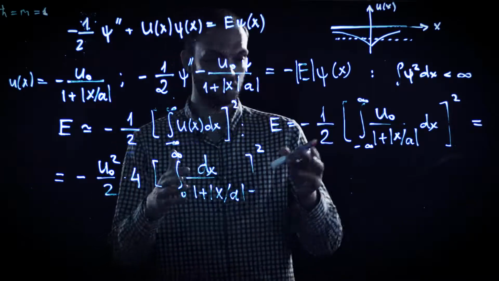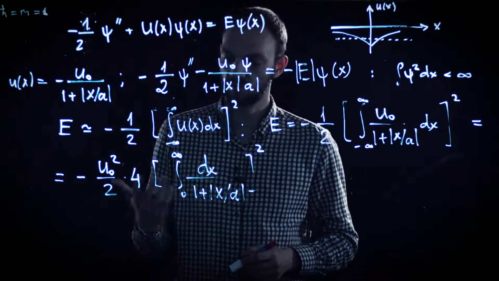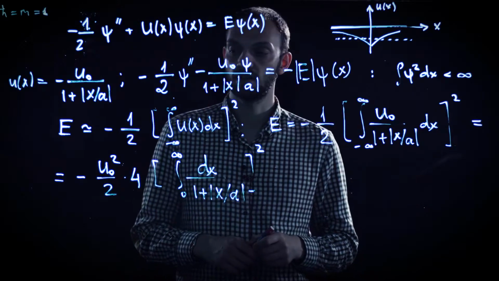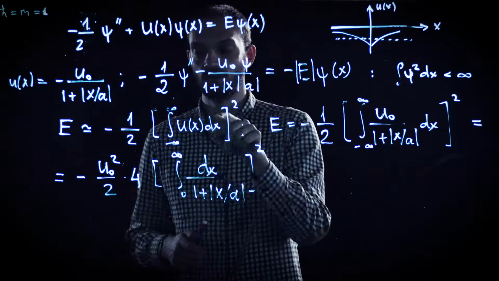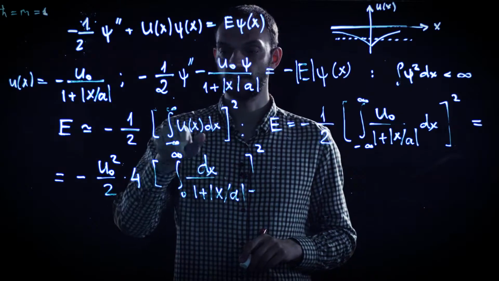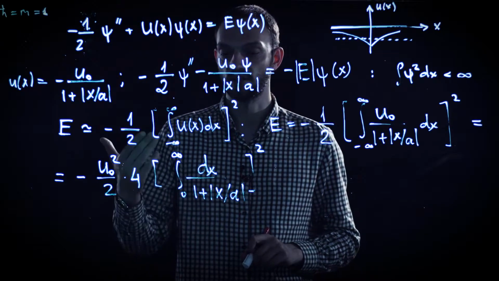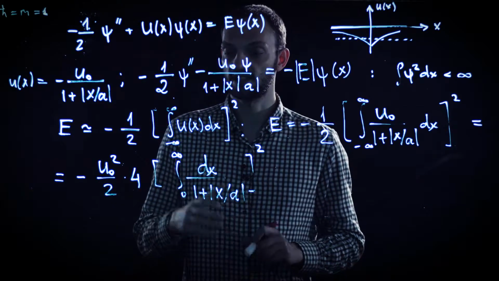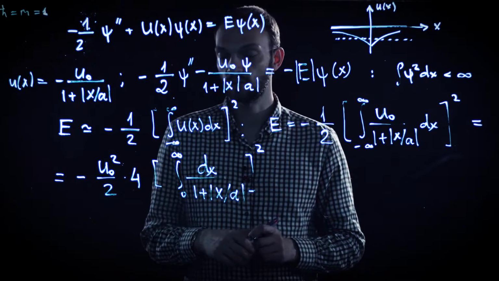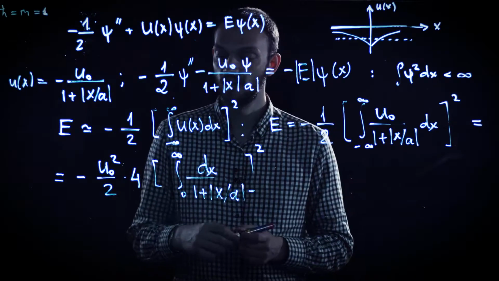Now, after we have factored out some numbers and constants, we are left with this single integral, which apparently generates a lot of problems. But in fact, we may recall that this integral was obtained assuming that the wave function does not change drastically on the scale where this integral converges. And we see that the problem comes from the fact that in this situation the integral actually diverges. So this approximation is not legitimate.